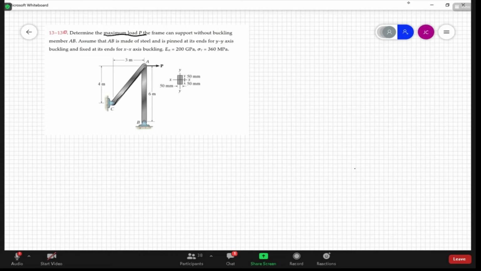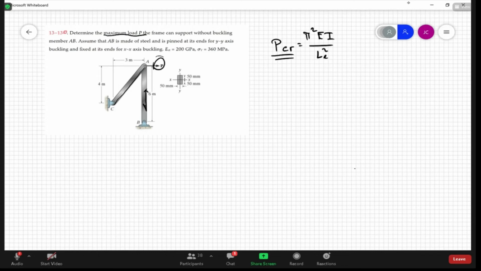We need to figure out the force that's effectively in element AB, and it's not P. So this is a class example. You don't just plug P in and get P critical, pi squared EI over L squared. This is not the answer.